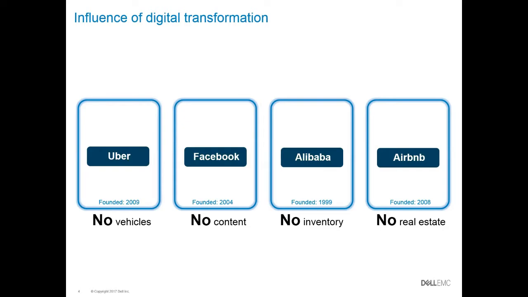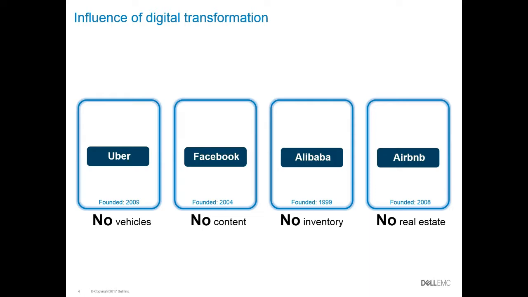Look at Uber: it has no vehicles, but still it is running its business. It's a transportation business. Look at Facebook. They don't have their own content, yet they are running a big social media service without having any content.